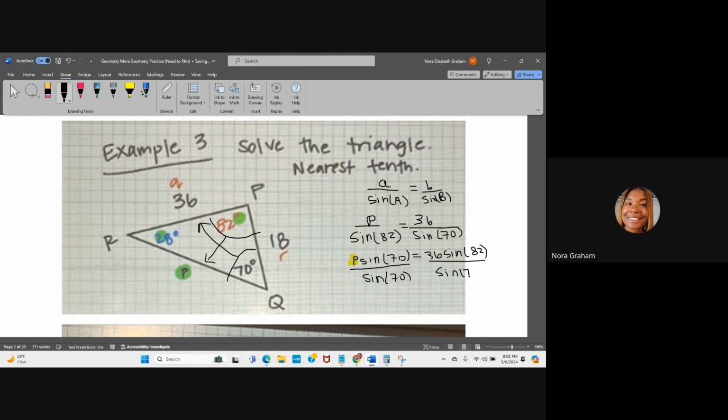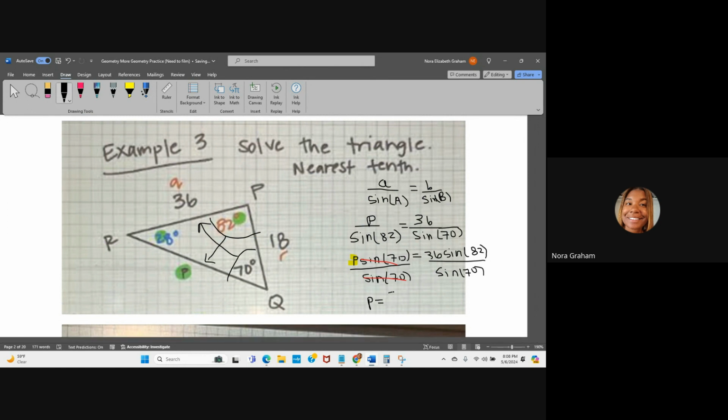When we do that, we can cross out these two because it's being multiplied. Those cancel out, and I get my P variable all by itself, which is my goal.